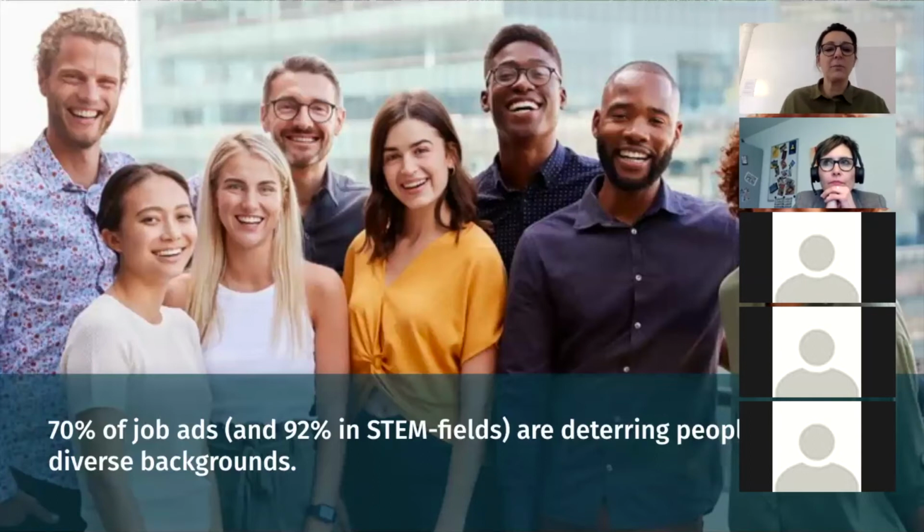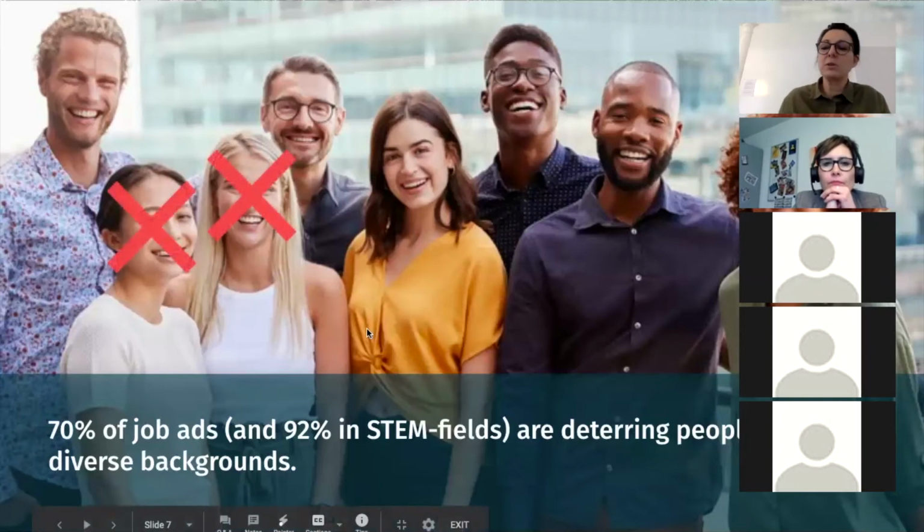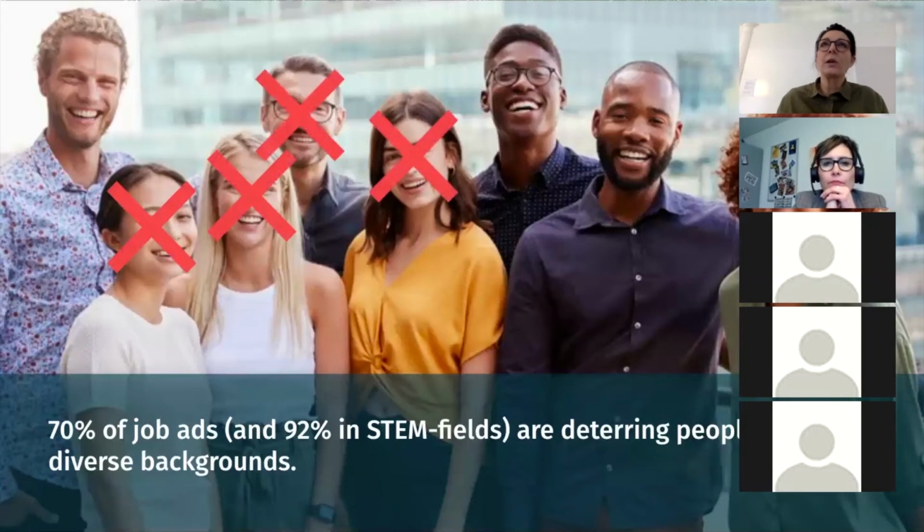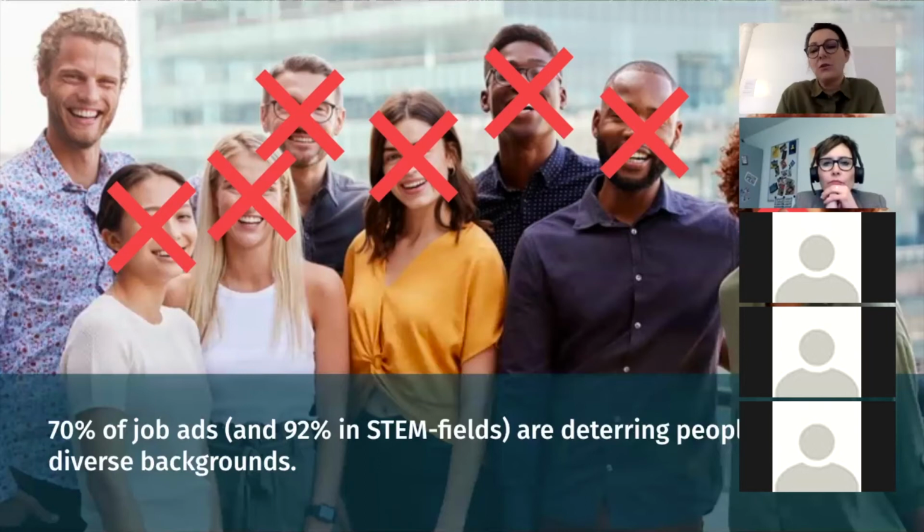To give you an example, if you write in your job ad, you are a very ambitious person, or we are a young and dynamic team, or in our organization, performance is really important, then all these people here will not feel invited to apply to the open position, because all these words and word combinations deter them unconsciously, due to their socialization, from applying to the job.